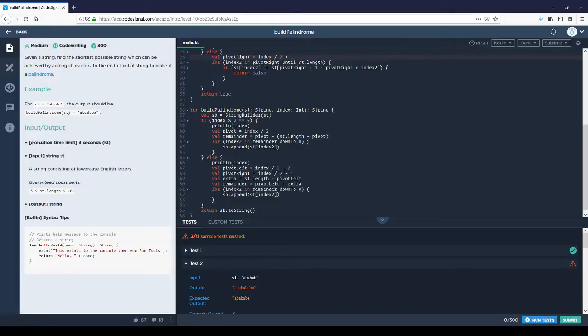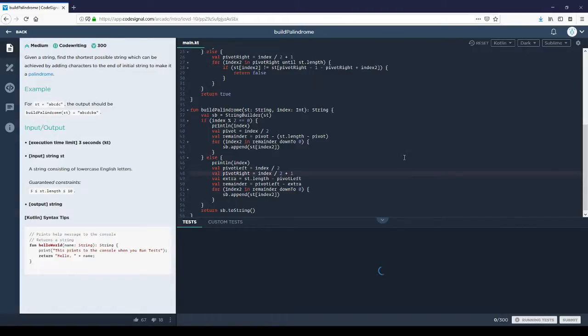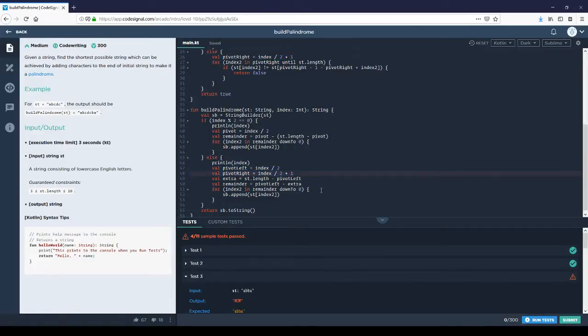Pivot left would be divided by 2 plus, and this would be +1. Yeah, this is incorrect because last time I changed the definition of this.